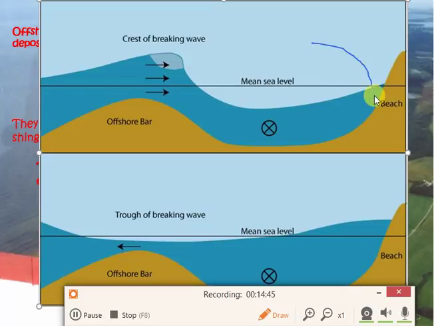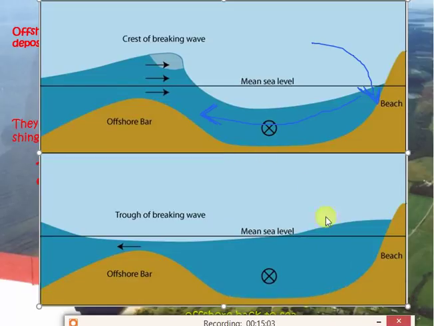Waves break on the beach from a height, strong backwash, remove material, and then if it hits a small ridge, it deposits it, and we get an offshore bar. Now the thing with offshore bars is, make a little note of this, you can only generally see them at low tide. Alright, so they're covered at high tide and they're exposed at low tide.